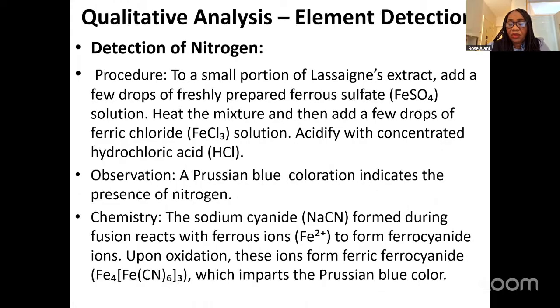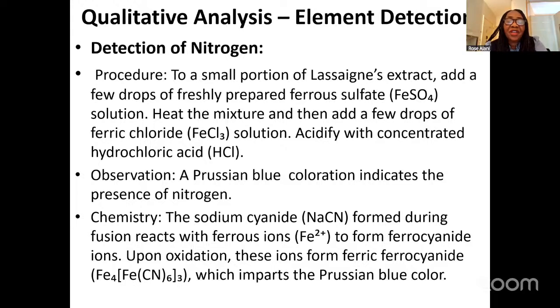So, how do we detect nitrogen? We take a small portion of the Lassaigne's extract, and then we add a few drops of freshly prepared ferrous sulfate solution. Then we heat that mixture, then add a few drops of ferric chloride solution, and then acidify it with concentrated hydrochloric acid. Once this is done, you then observe.